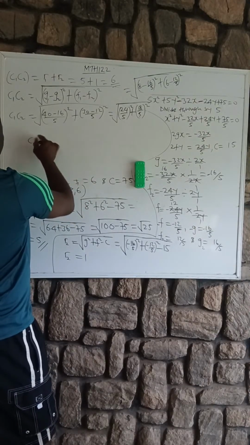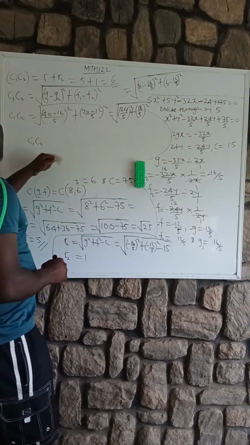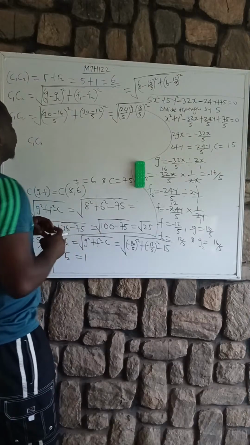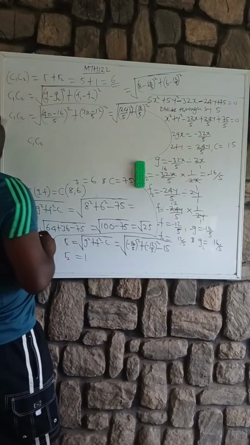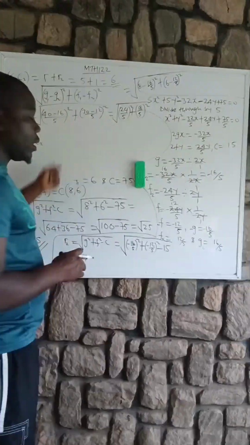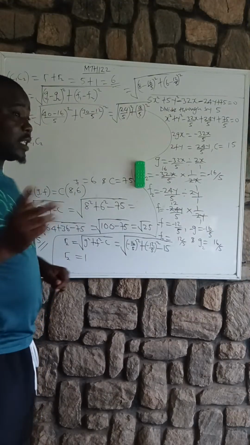The distance between the two centers, if it is equal to the sum of their radii, is known as externally touching circles. Is that clear?